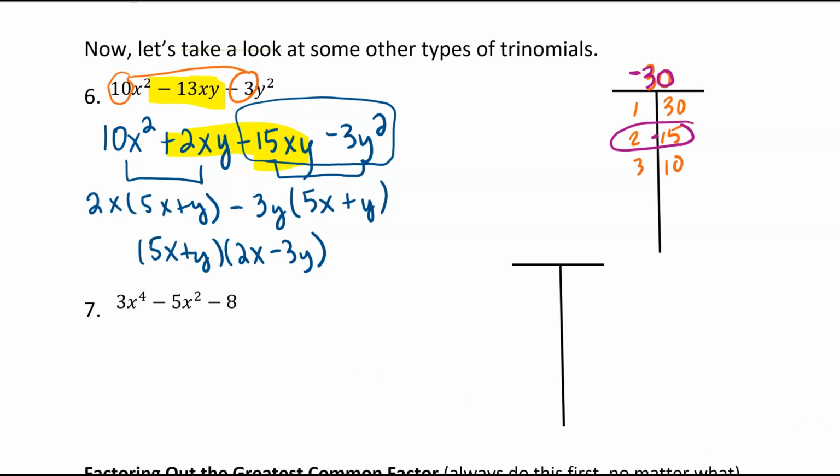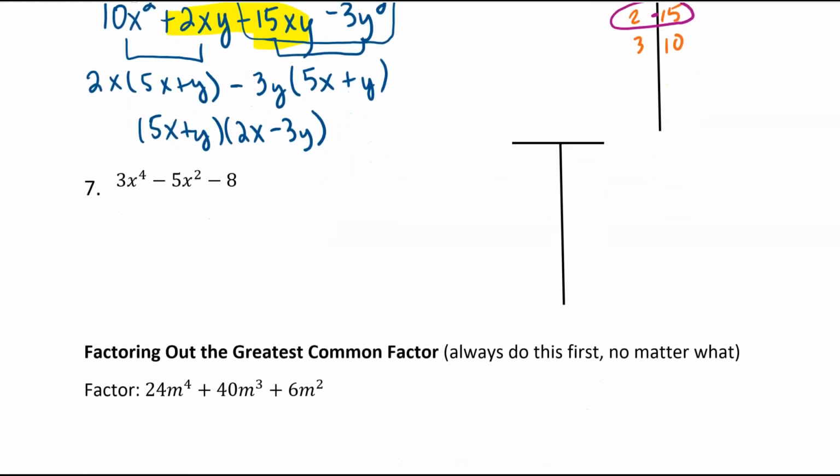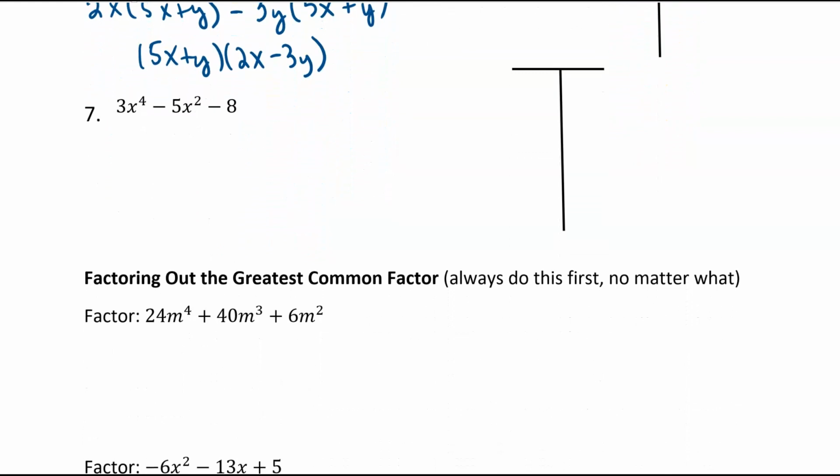All right, moving on to number 7. We have 3x to the 4th minus 5x squared minus 8. Still notice that we have a trinomial because we have 3 terms here. And then because we have 3 as the leading coefficient, we're going to multiply the 3 times the negative 8 to give us a negative 24.